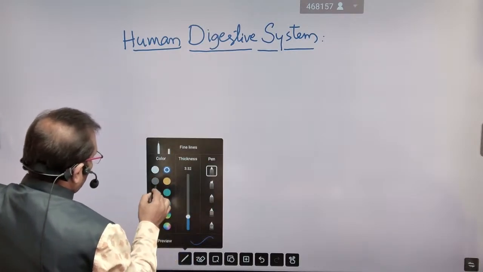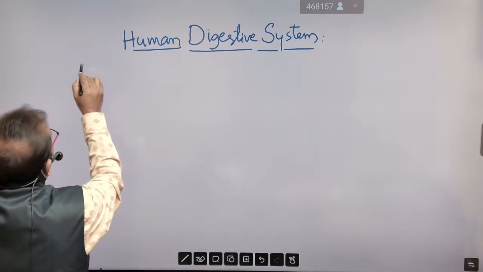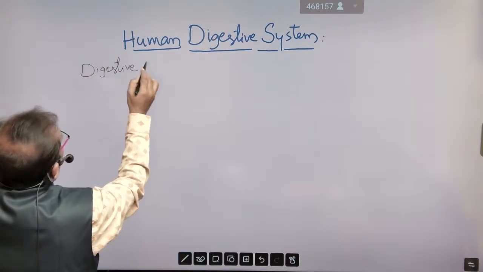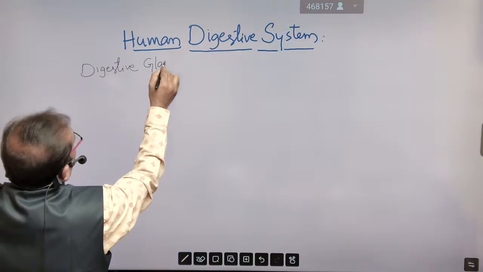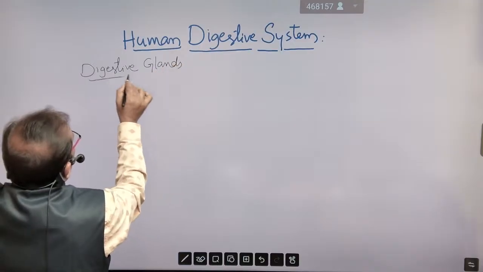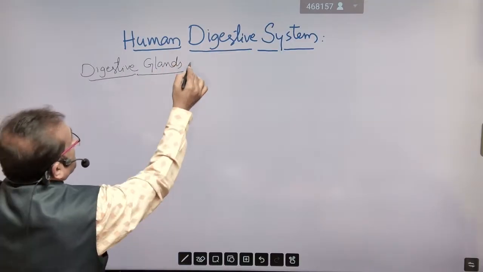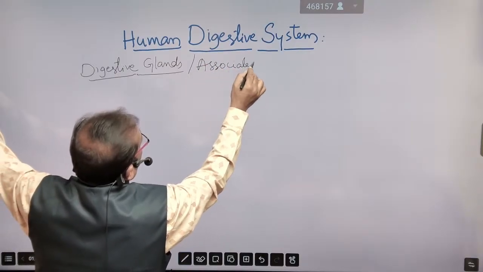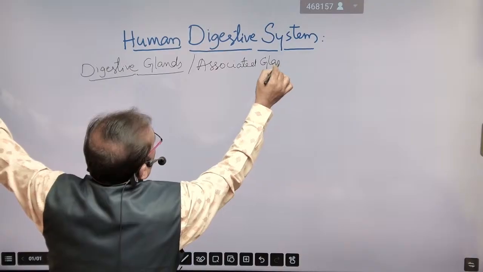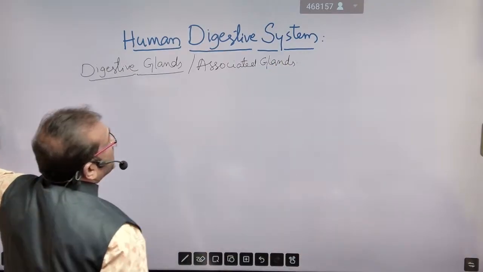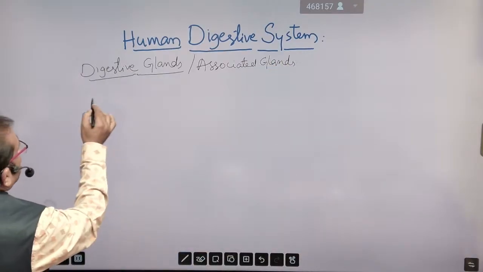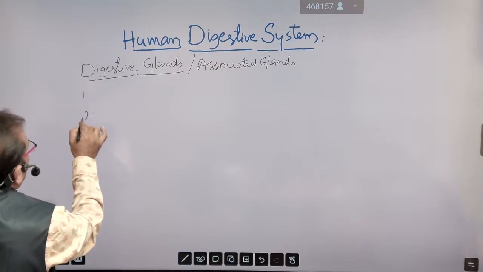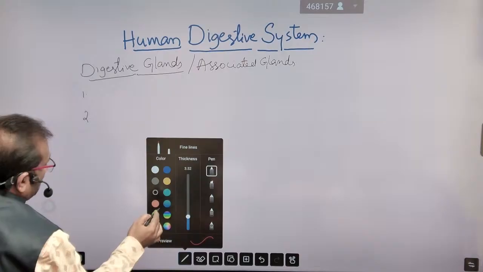Our topic is digestive glands, which are also called associated glands to the human digestive system. These associated glands or digestive glands are of two types.